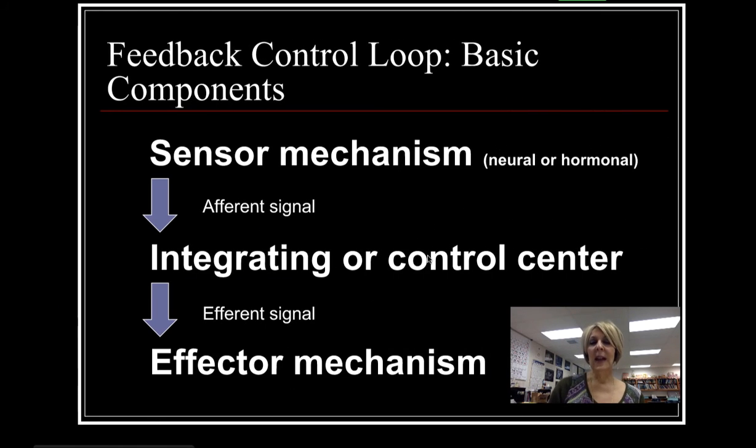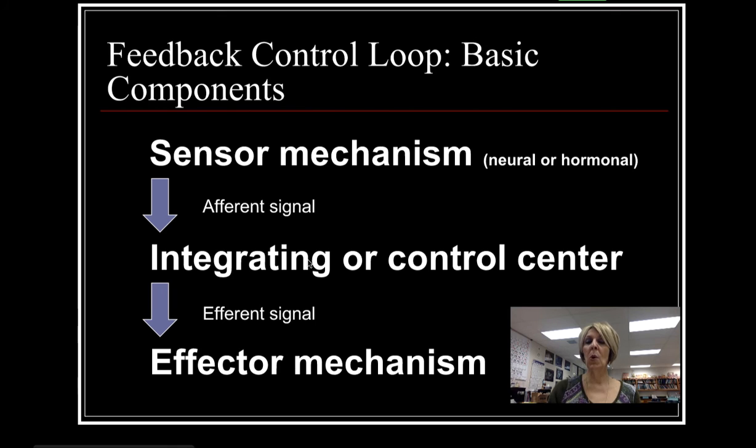So again, using our more accurate vocabulary, we've got some kind of sensor mechanism. This is usually a neural mechanism, like some kind of nerve. So if something touches my finger, or I put my finger over a candle, I have an electrical signal that goes, in this case, to my spinal cord, an afferent signal to my spinal cord.